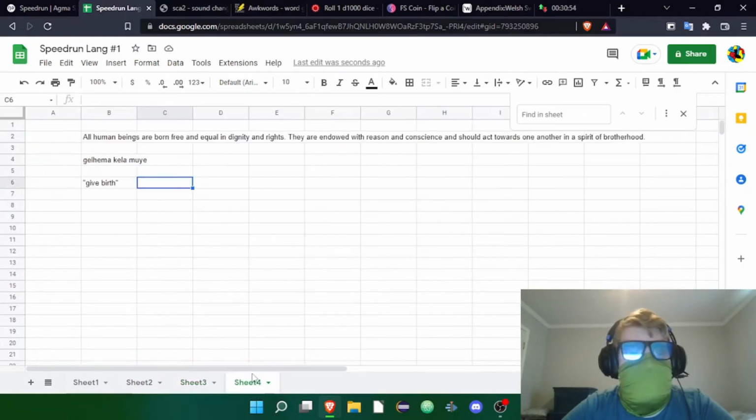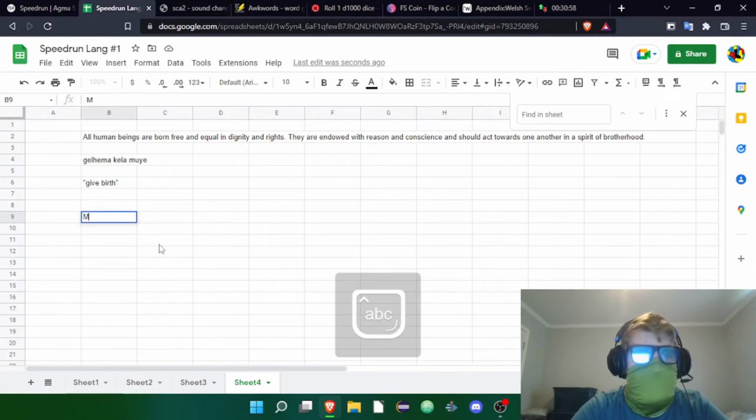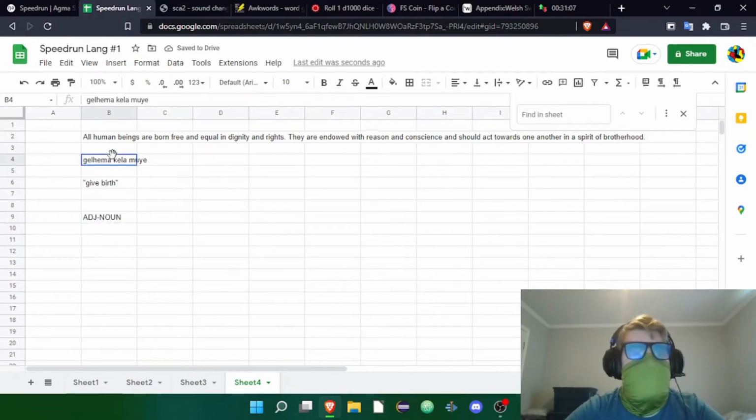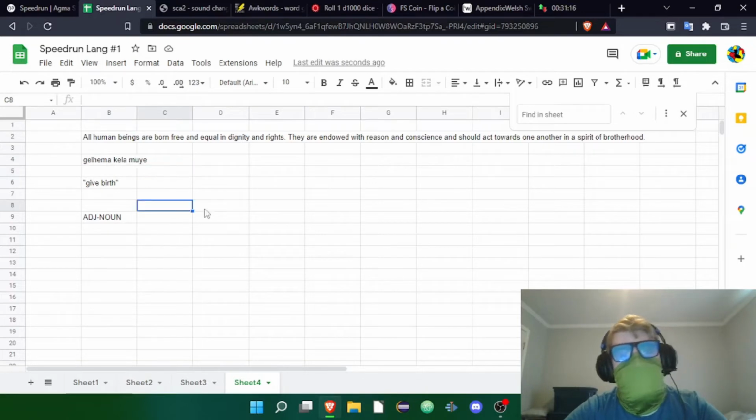Yeah, the prefixes make me want to do modifier, adjective, noun. And actually, this verb here agrees with the object. So, gelhema kela muye, all human beings are born.